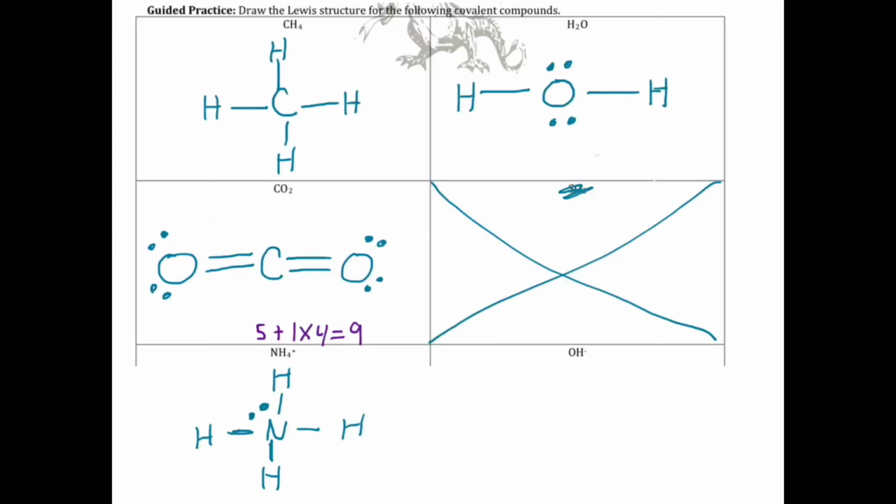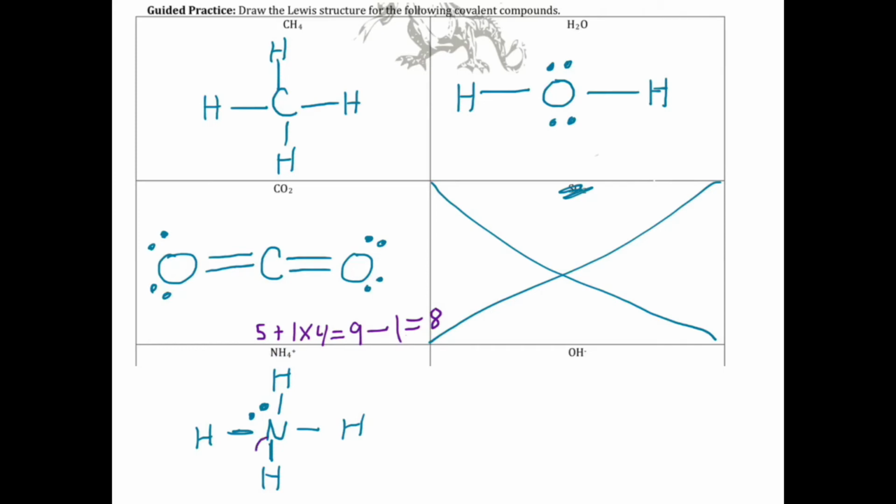How did it become a 1 positive? It became a 1 positive by losing a negative electron. And so you'll need to subtract an electron, and when you do that, you end up with 8 valence electrons. And so this needs to have 8 valence electrons as well.